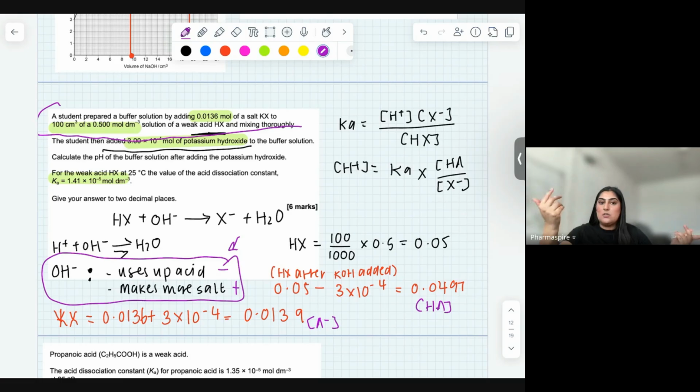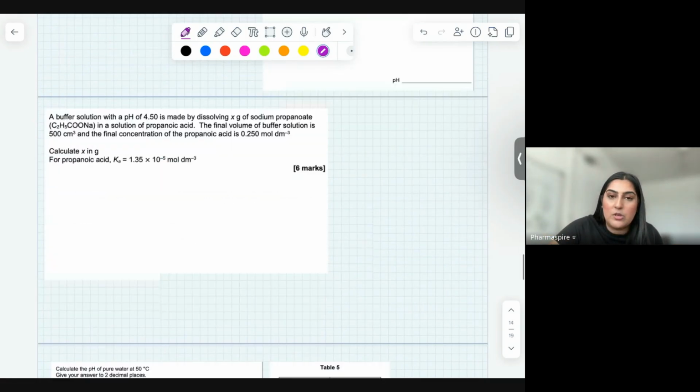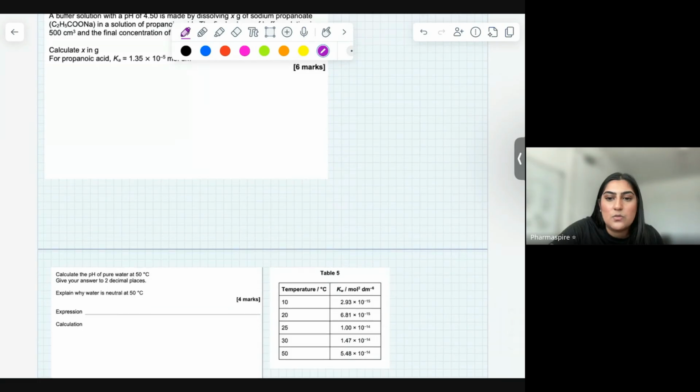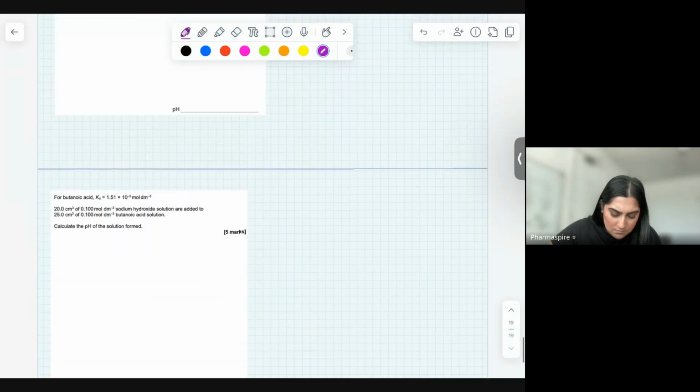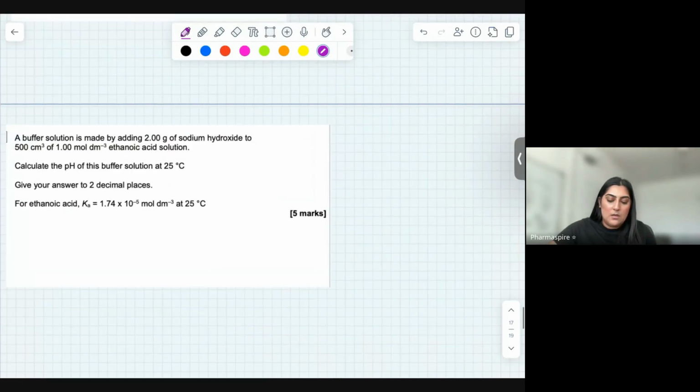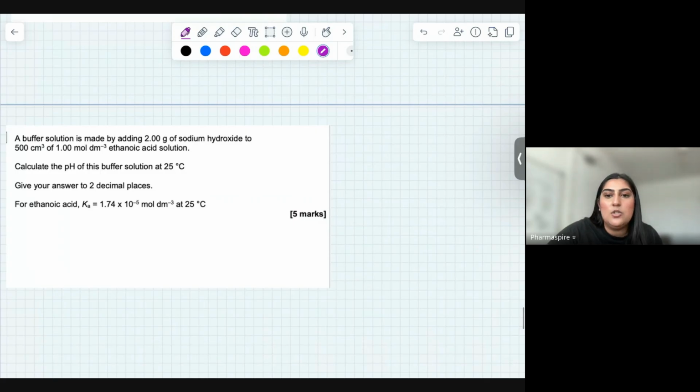Now, some questions, for example, you'll have to use concentration. I think there was one that I wanted to talk about. This one, you can't use moles.